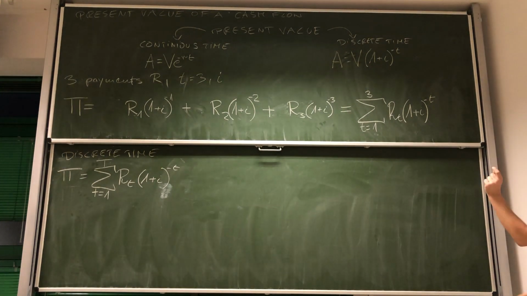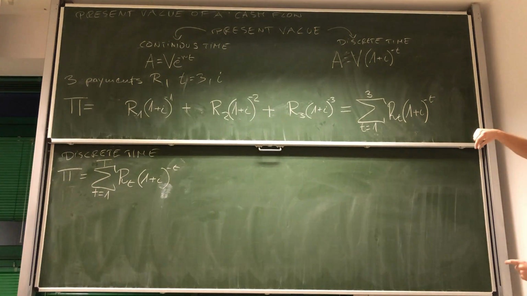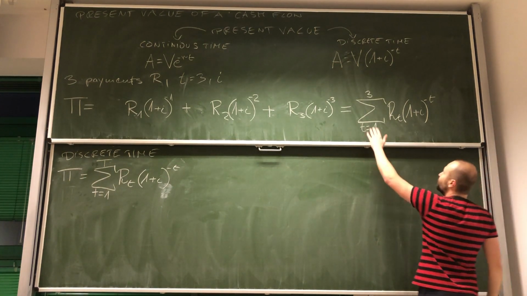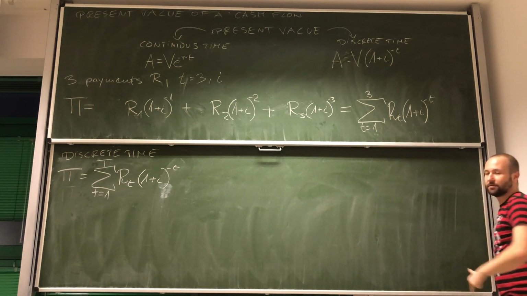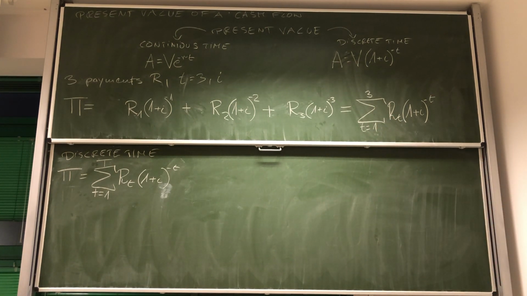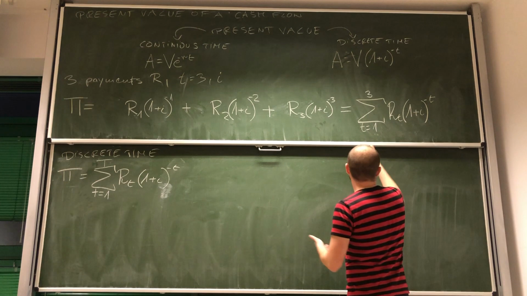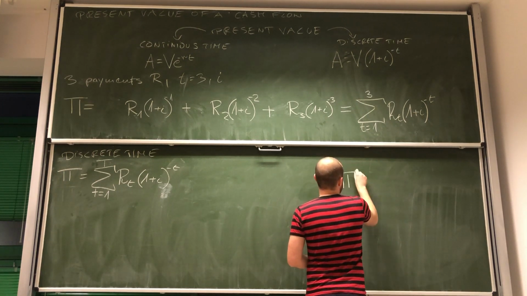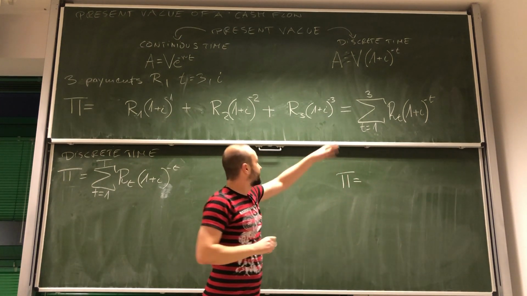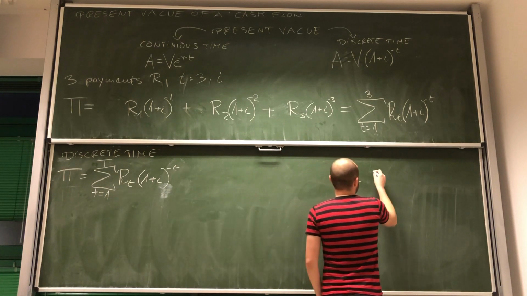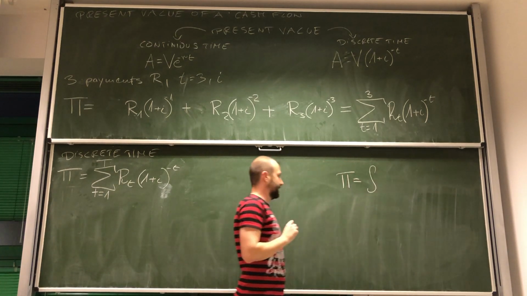As Δx was getting smaller and smaller, what was then happening? We were changing the sum symbol into the integral sign. So look, in continuous time, instead of using the sum symbol, we will be using the integral sign.